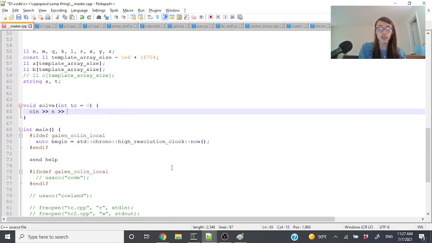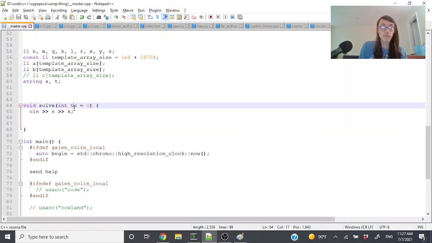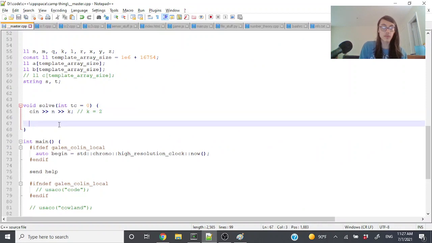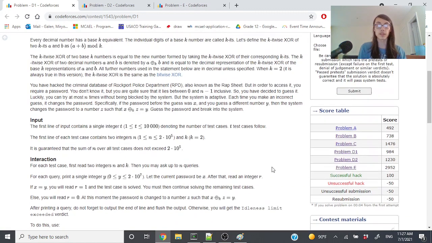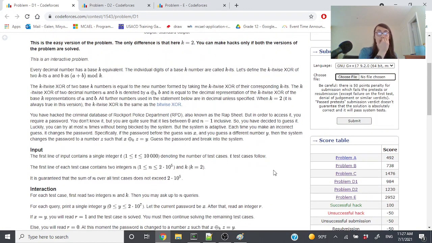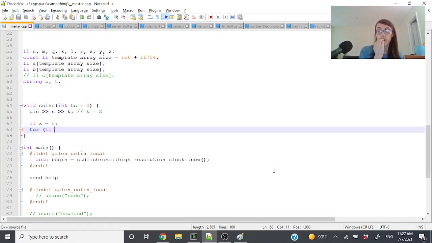Cin n, k. So for the loop, the value is at most what? Yeah, 0 to n minus 1. Okay. So i equals 0, i less than n, i plus plus.